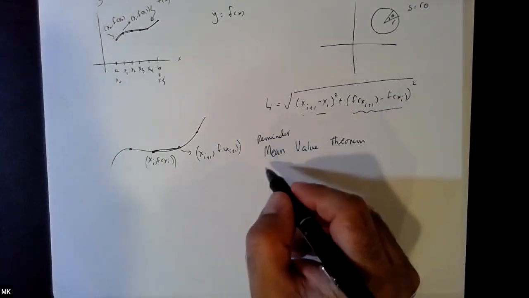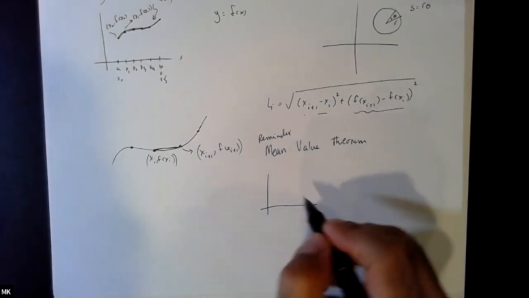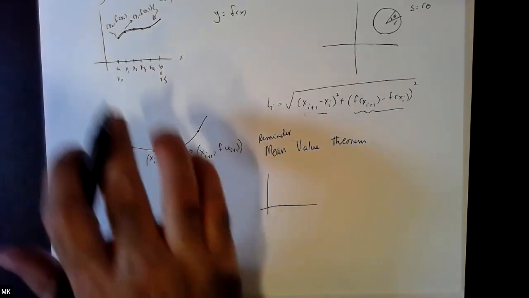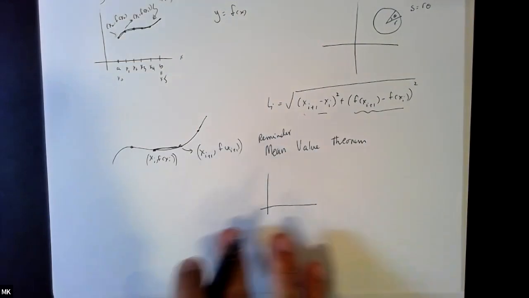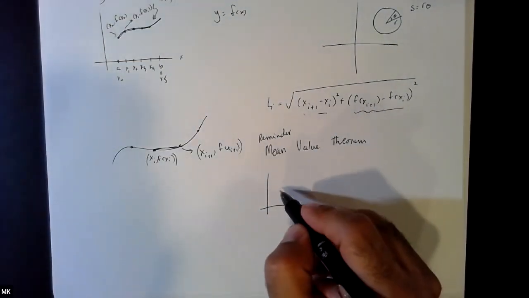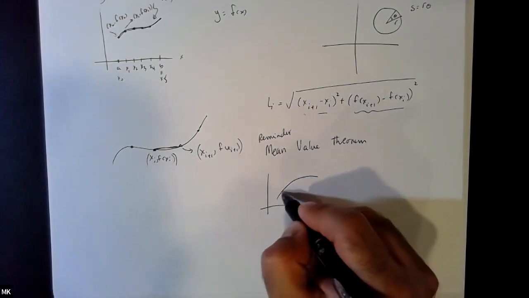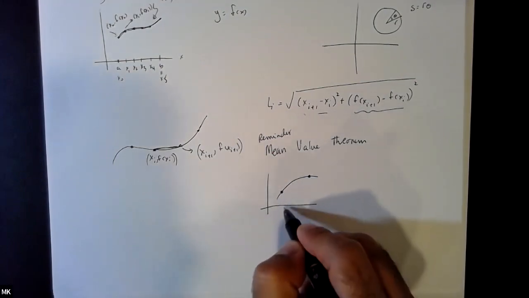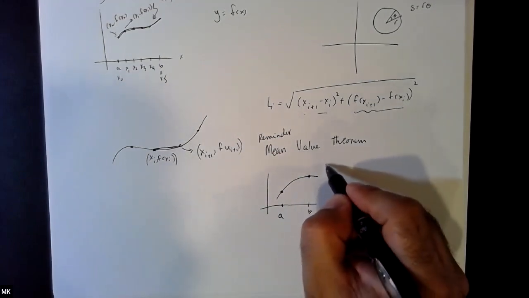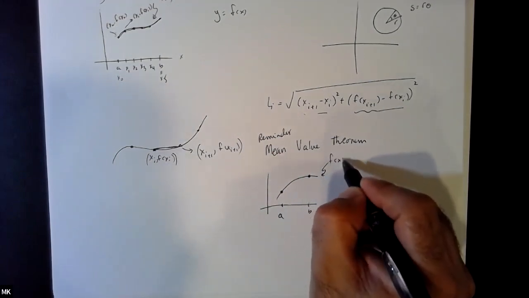So if you remember, the mean value theorem was that if I have, and again, the drawing I'm having here is not the same as the drawing we had before, it's just some other drawing for the purpose of the mean value theorem. So if I have a function f of x and two points, suppose this is a, this is b, and of course this is f of x.